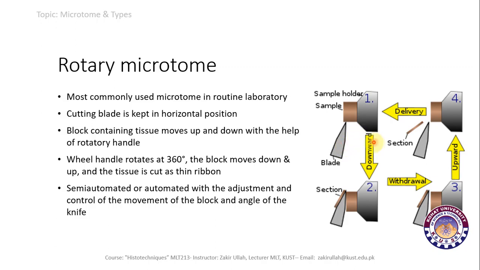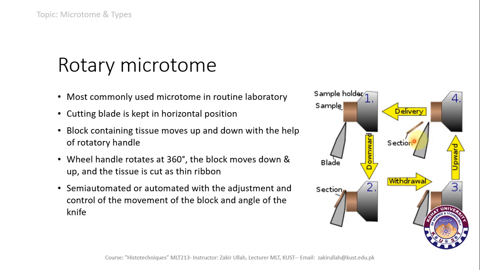So when this sample holder moves down, a thin section of the tissue is cut with the help of this blade. Then the holder moves up, and the specimen in the holder also moves up.